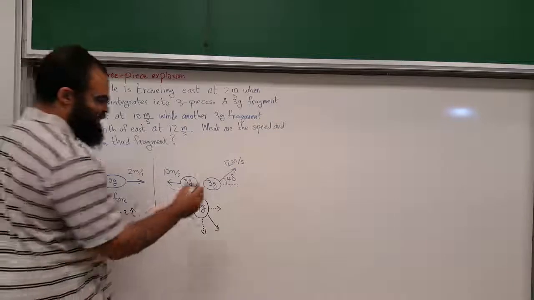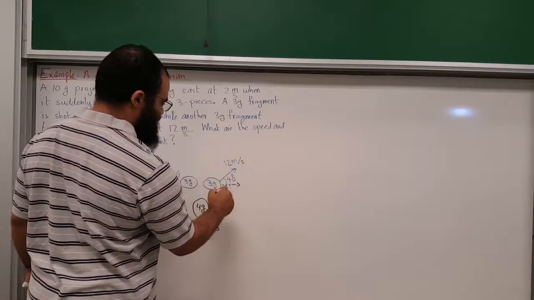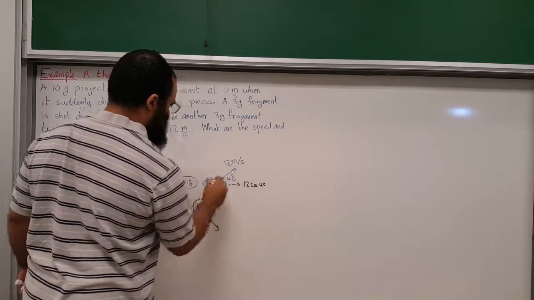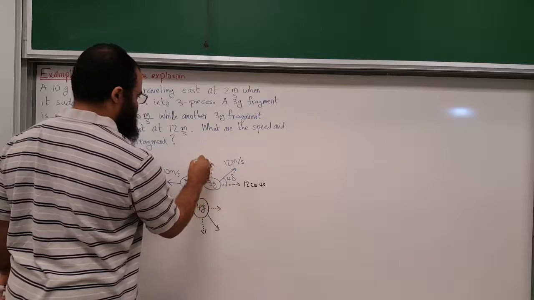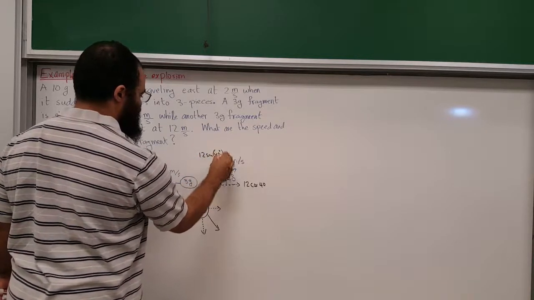This one will have two components. One of them is the mass times the x component of velocity, which is 12 cosine of 40 degrees, and the other is 12 times the sine of 40 degrees, that's the y component of velocity.